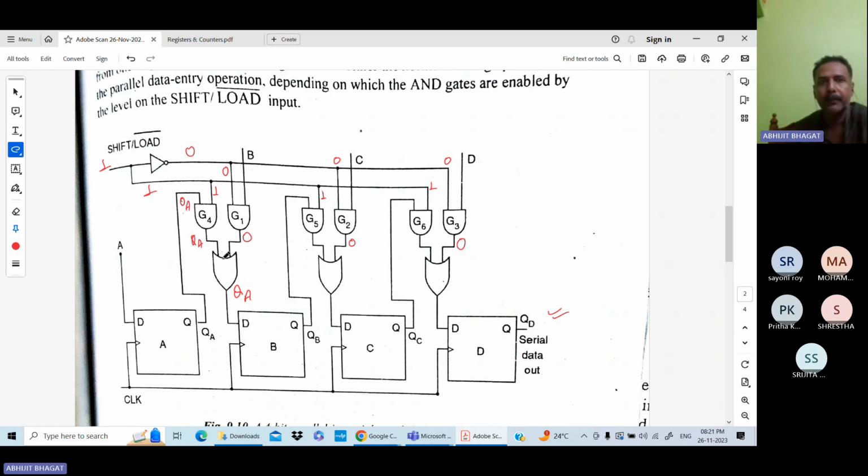Clear or not? This is QA. One line is 1. So output is 1 into this. This is 0. So 0, this is 0. OR gate. So 0 plus QA. Output is QA. Is it okay? Clear?